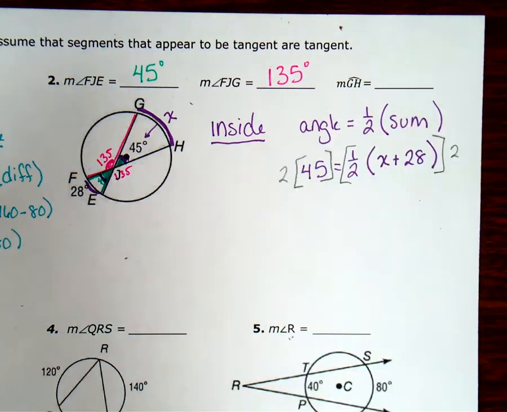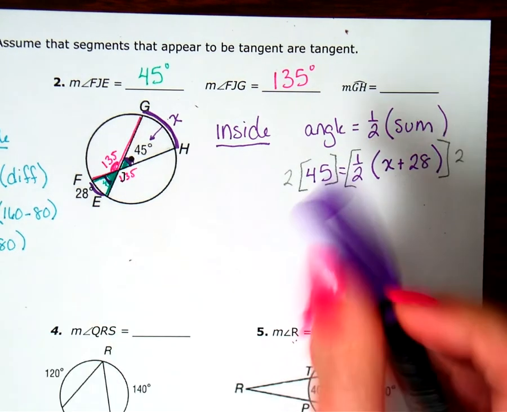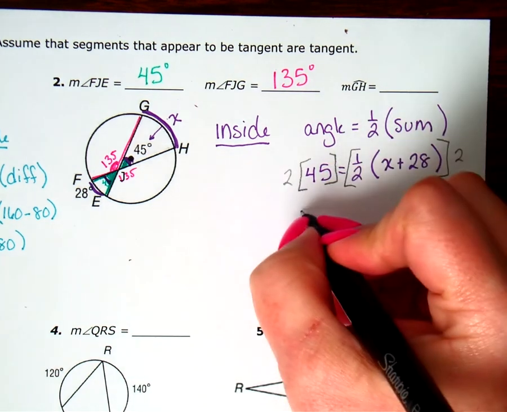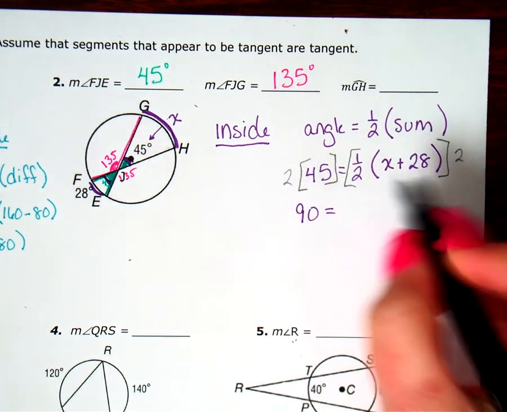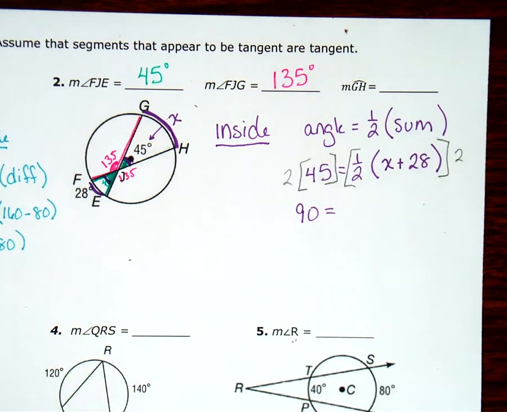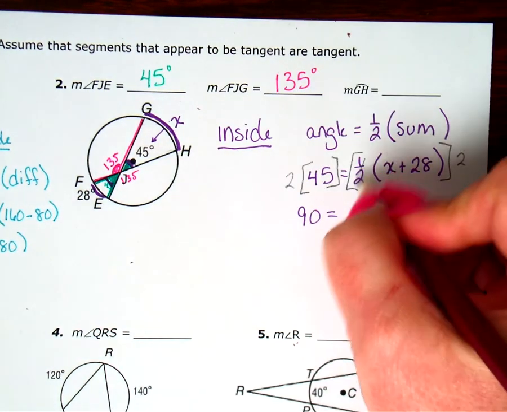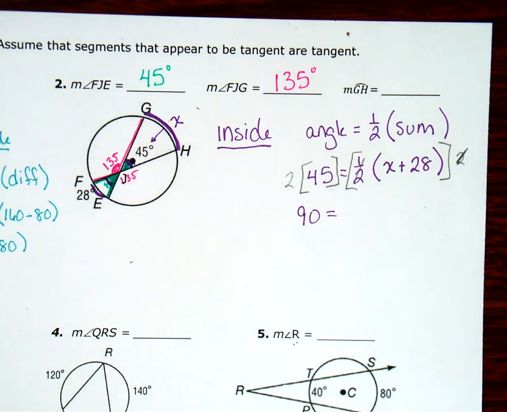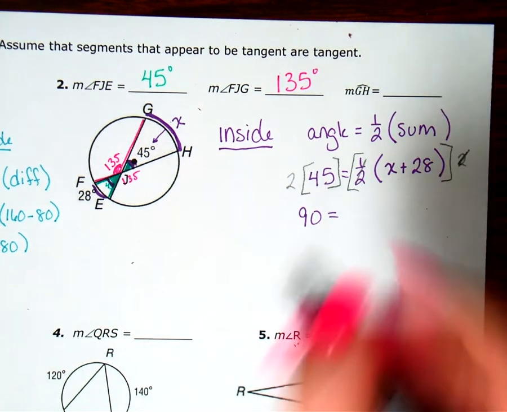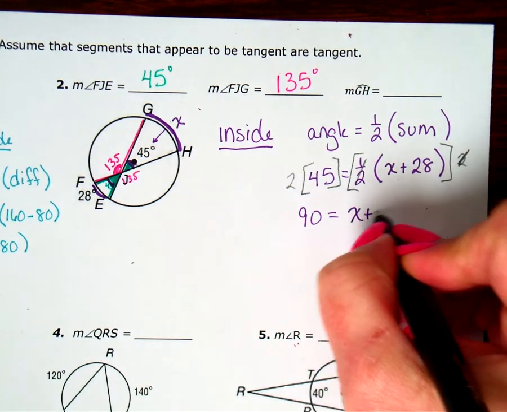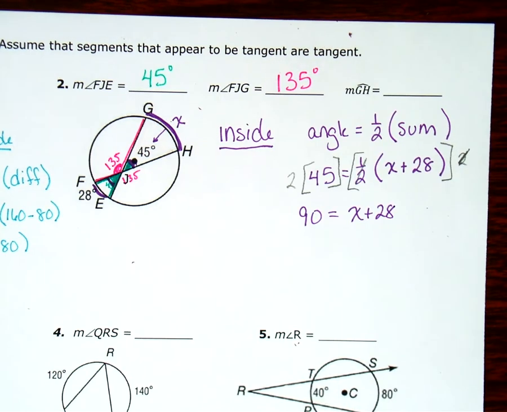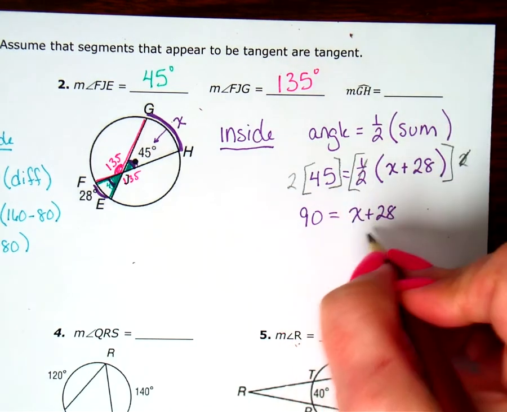Because watch what happens when I do that. If I do 2 times 45, I get 90. That equals this 1/2 and this 2 cancel each other out, and then I have just X plus 28. And all I have to do to solve for X is subtract 28.